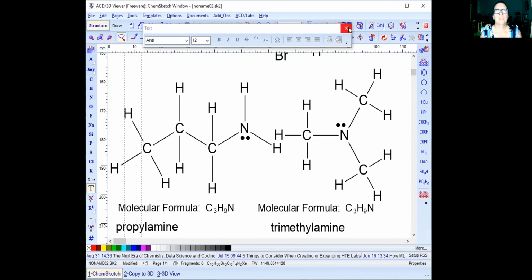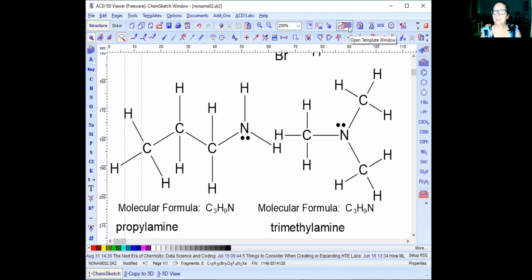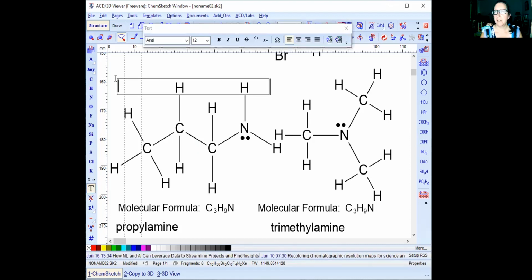Okay, so what is it we need to understand about these two compounds? We are meant to think about the boiling points.